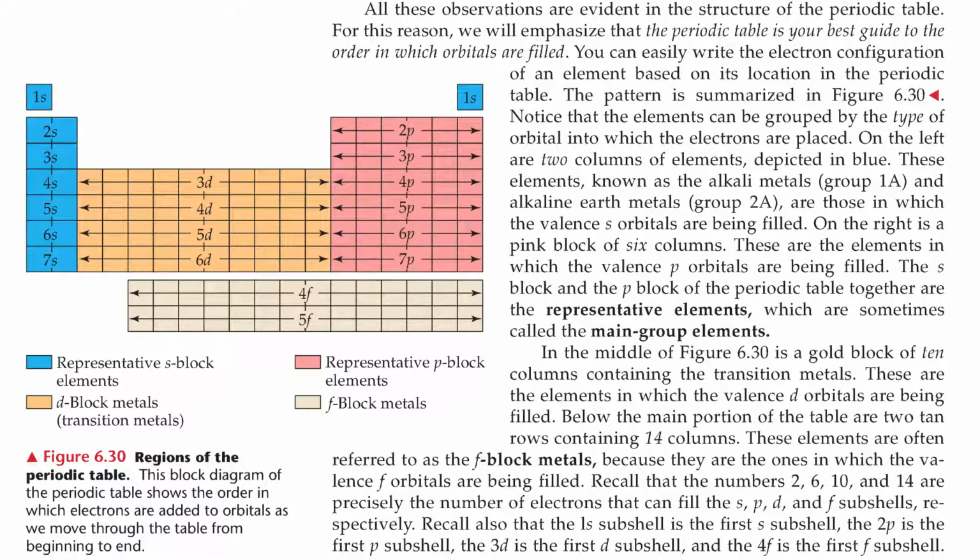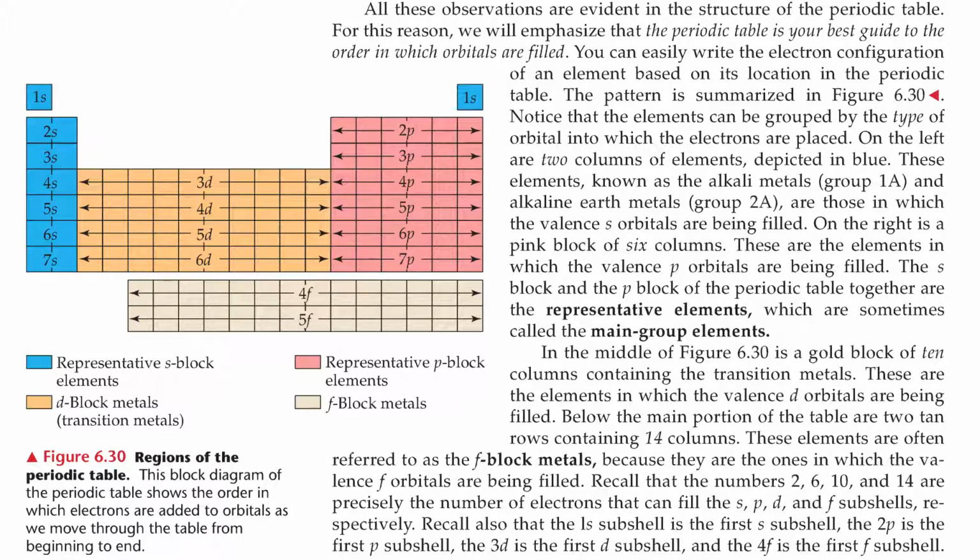Notice that the elements can be grouped by the type of orbital in which the electrons are placed. On the left are 2 columns of elements depicted in blue. These elements, known as the alkali metals, Group 1A, and the alkaline earth metals, Group 2A, are those in which the valence s orbitals are being filled. On the right is a pink block of 6 columns.